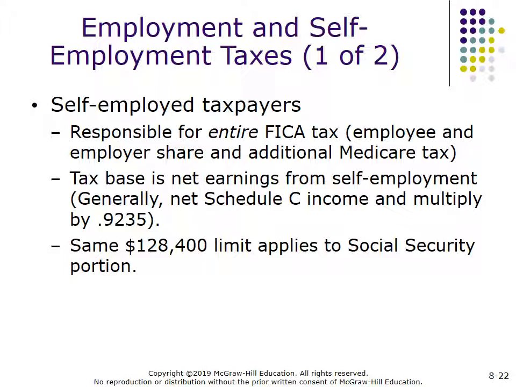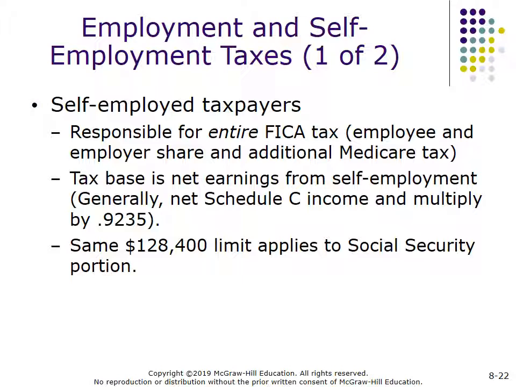How do they compute it? They take their net earnings from their Schedule C. The first thing they do is multiply it by 0.9235. It's actually 100% minus 7.65%, the normal Medicare and Social Security rate. That amount of net earnings is what will be used to compute self-employment tax, or the self-employed individual's Medicare and Social Security tax.